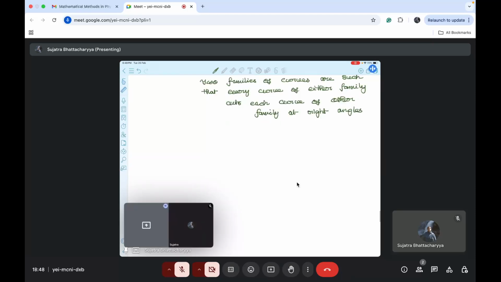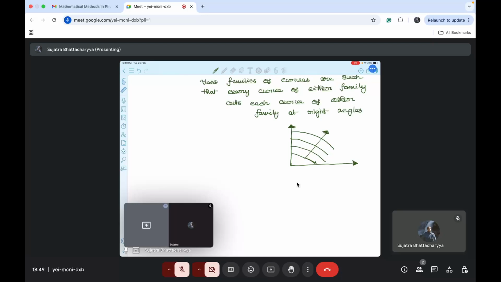So what essentially it means is, a simplistic diagram of it is, suppose you have a family of curves which is like this, some kind of a circular trajectory. You will find that another curve will cut in such a way that it will be at 90 degrees to this.